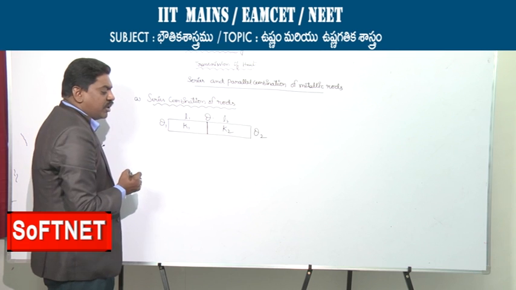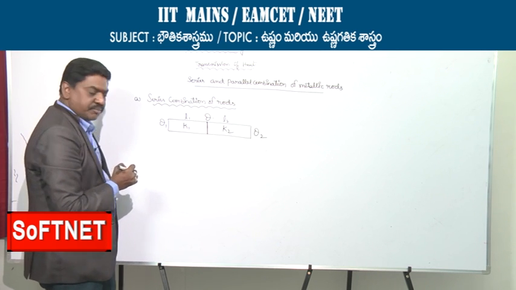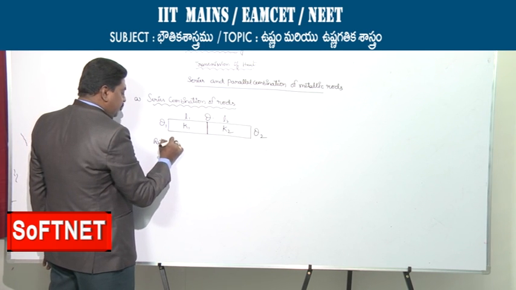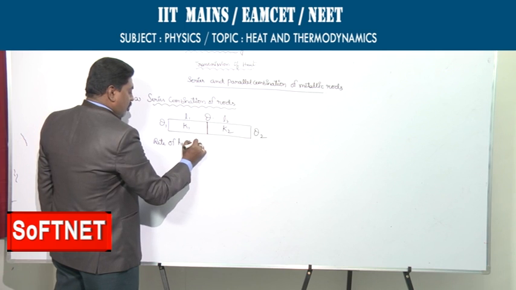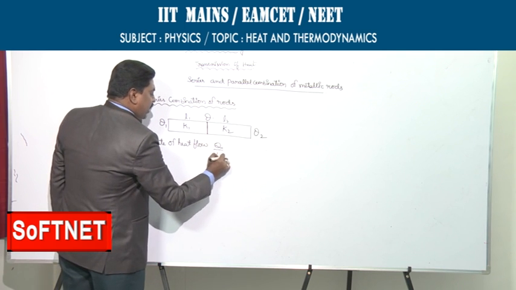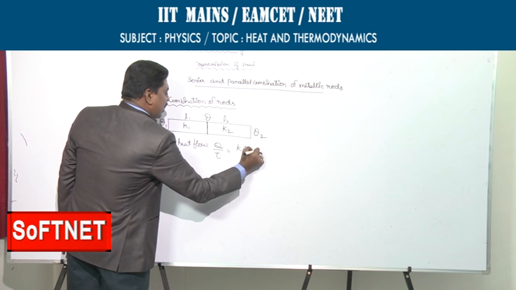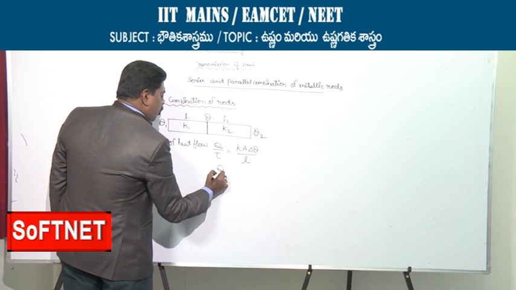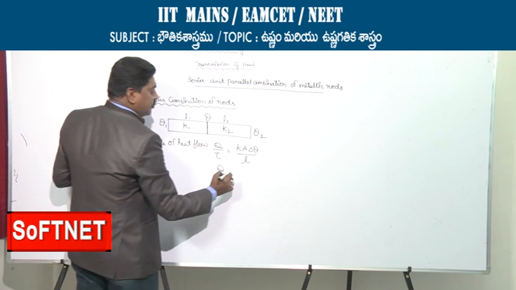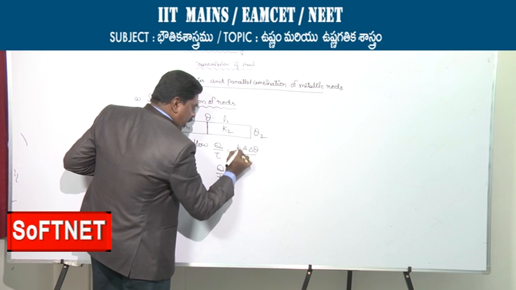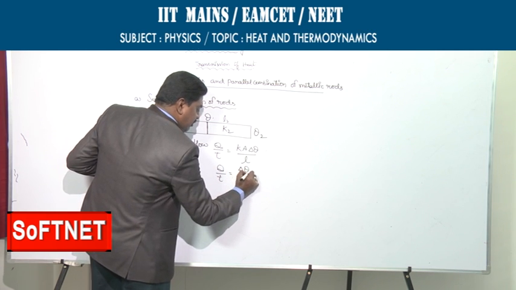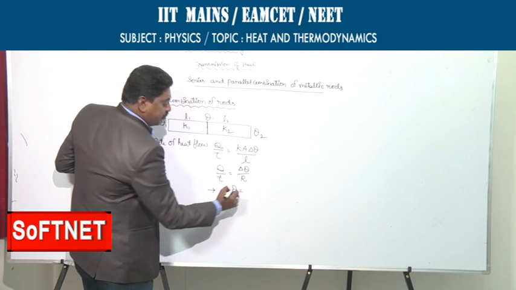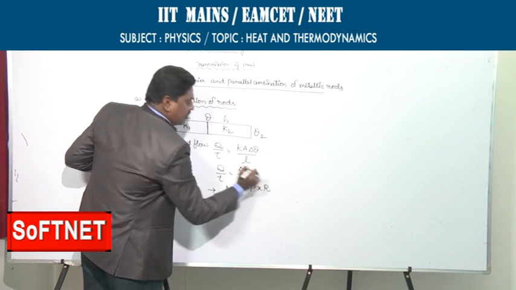The rate of heat flow remains the same in both rods. So we can write the rate of heat flow Q by t equals K A delta theta by L. Here L by K A can be taken as resistance, so Q by t equals delta theta by R. So delta theta is given as power into resistance.